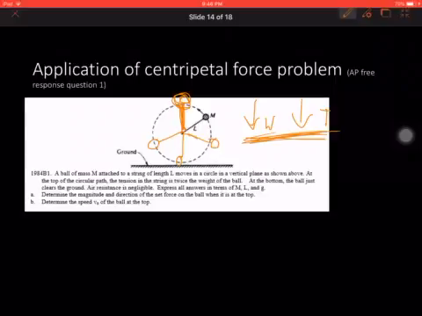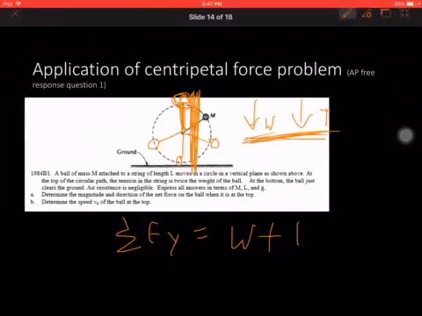So the sum of the forces in the y direction, when the ball is at the top, will be the weight force plus the tension force. The question states that the tension is twice its weight, so T equals 2W.